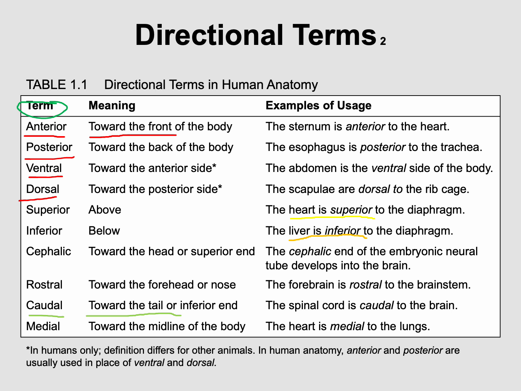And finally, at least finally on this slide, we've got medial. Medial means towards the midline or the midsection of the body. So the heart is medial to the lungs. Basically the heart is in the middle of the body and the lungs are to the side.